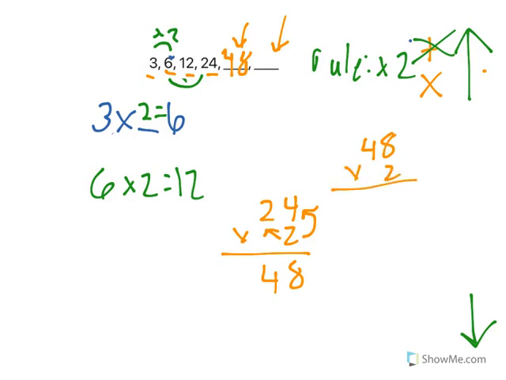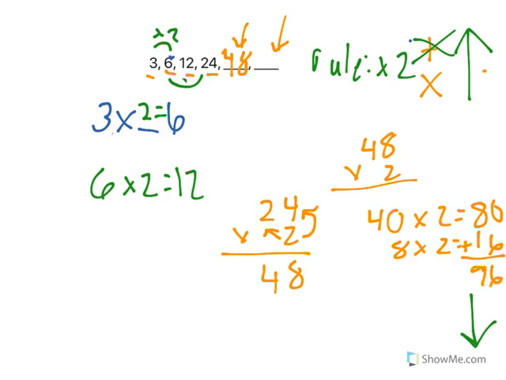But for this one, I need to work it out. So 40 times 2, 8 times 2, makes 80 and 16. If I add those together, gives me 96. So my 2 missing numbers are 48 and 96.